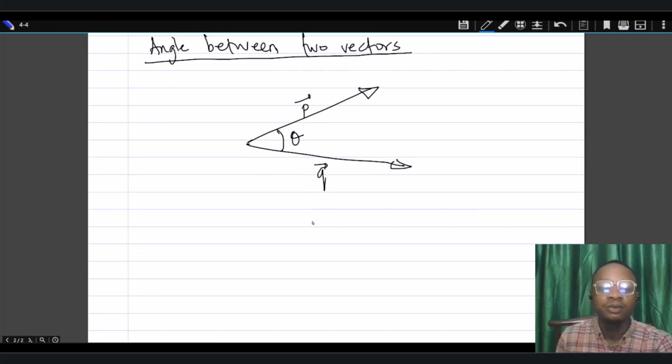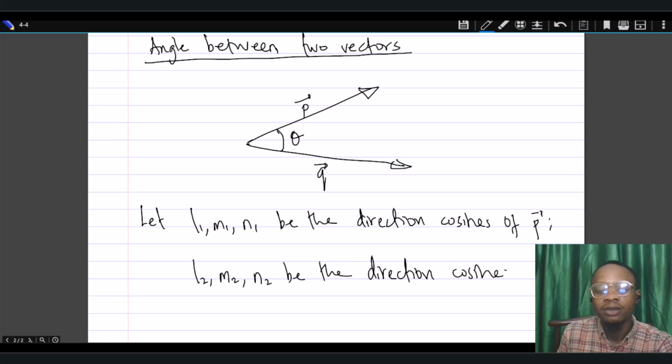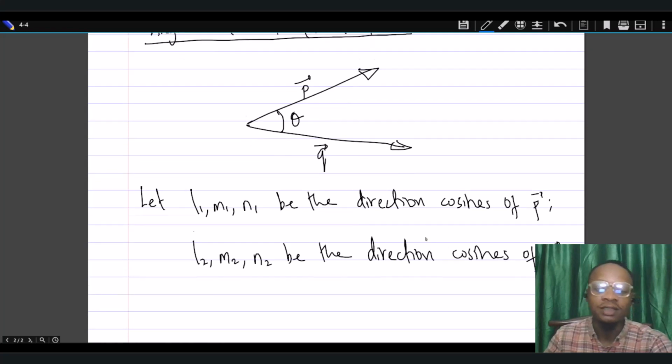So we can say let L1, M1, and N1 be the direction cosines of vector P, and L2, M2, N2 be the direction cosines of vector Q, in the Cartesian coordinate system as we have learnt it.